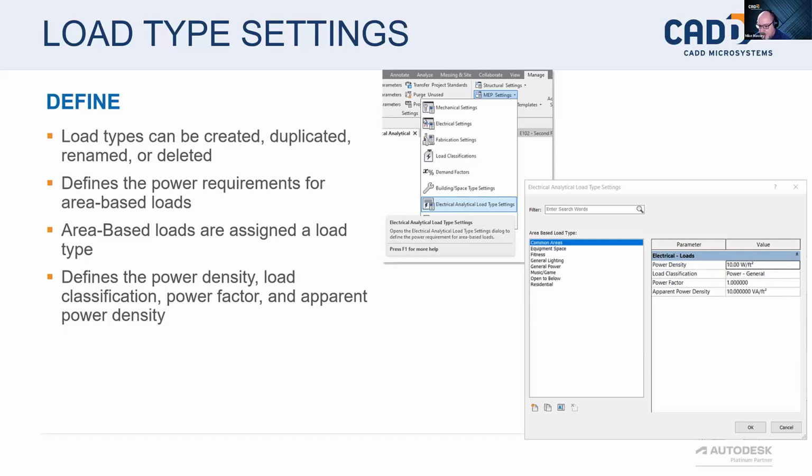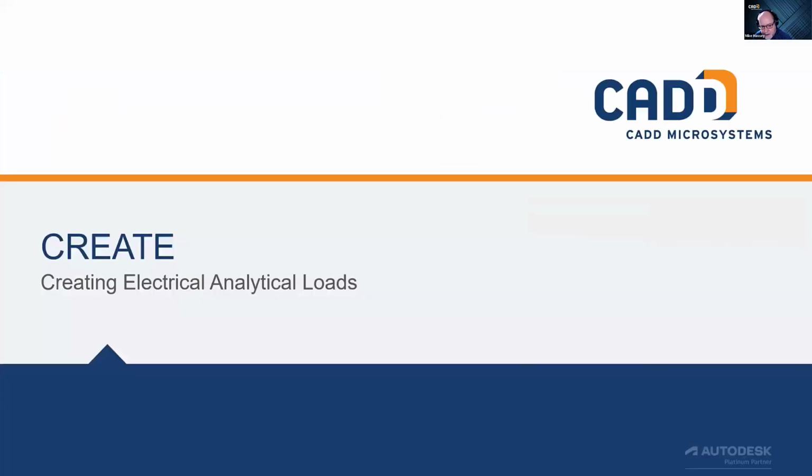We can assign the load classification, the power factor, and the parent power density for each one of those. And so we can set this up. And once we have all these set up and created, we'll then start assigning these to those area-based loads that we're going to be creating in there. So that's the first step, to define those electrical load type settings.